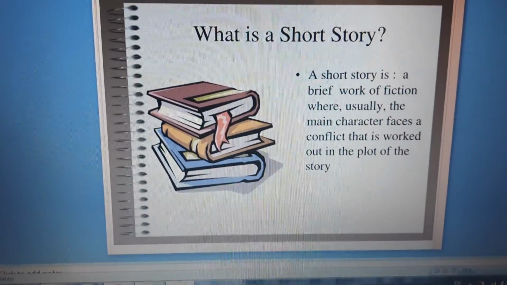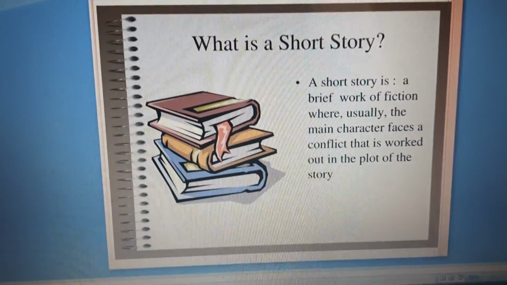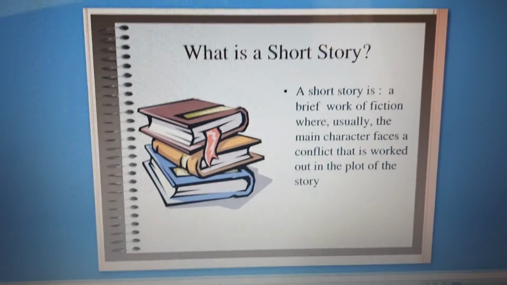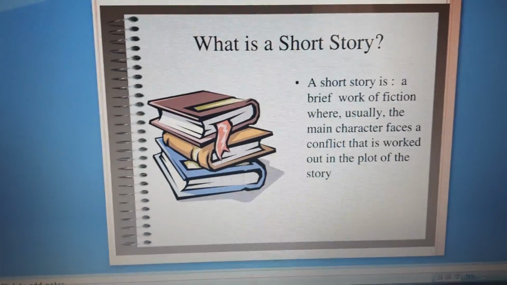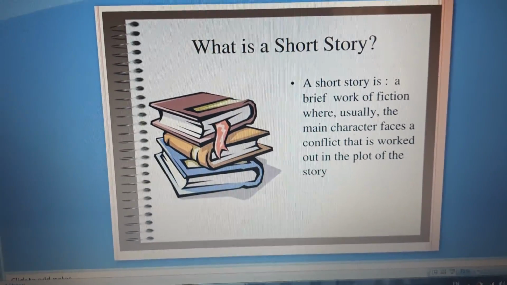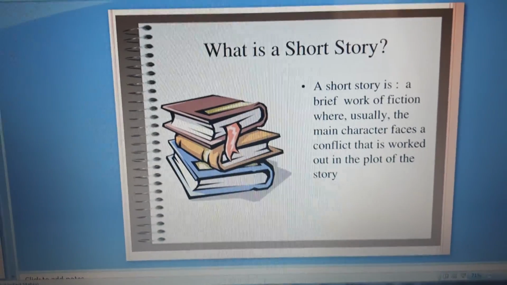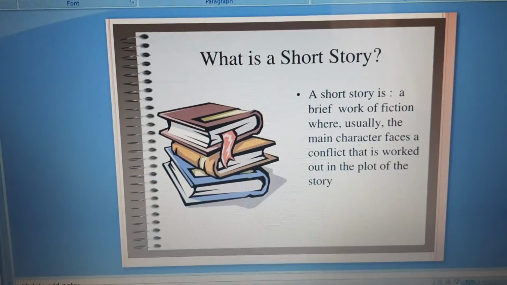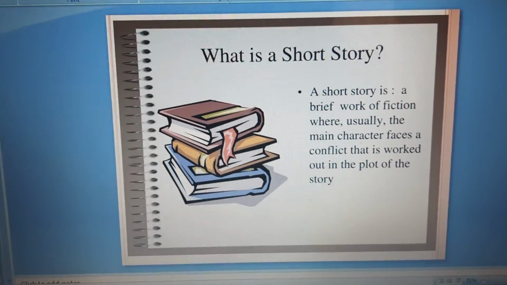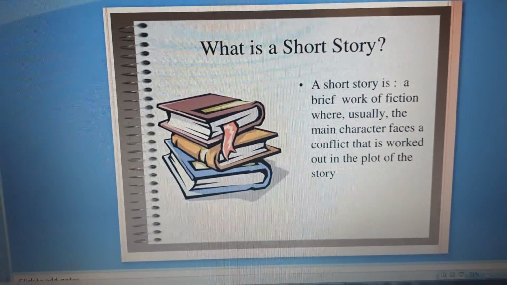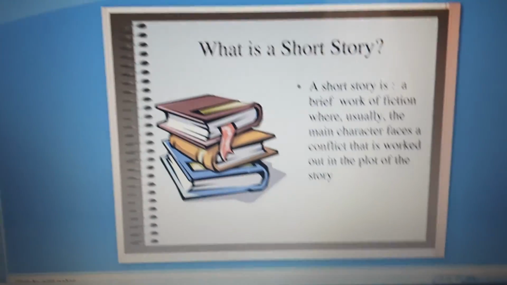A short story is a brief work of fiction where usually the main character faces a conflict that is worked out in the plot of the story. So basically, we have characters, we have plot, and we have conflict, and we also have a few things that we have to write in a story.